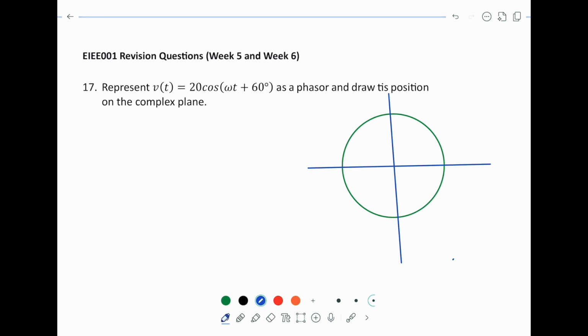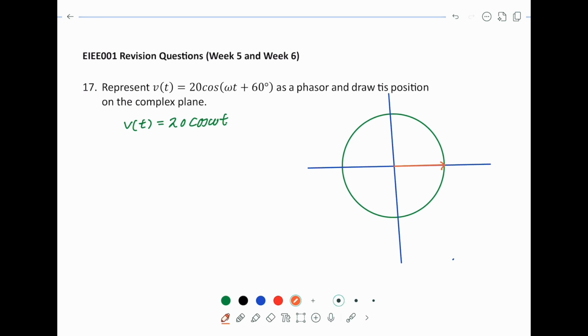So instead of plotting all signals along the timeline, the time domain, we can just represent signals as vectors. First consider 20 cosine omega t. We put this signal, this voltage, along the horizontal axis. By default, this is cosine omega t, a function along the horizontal axis.